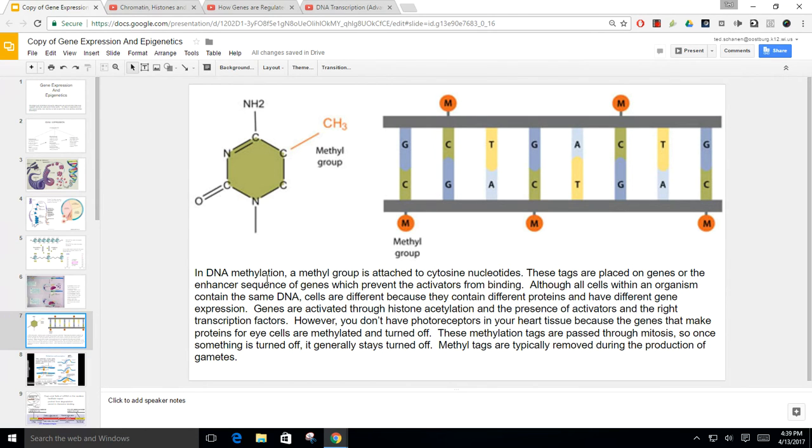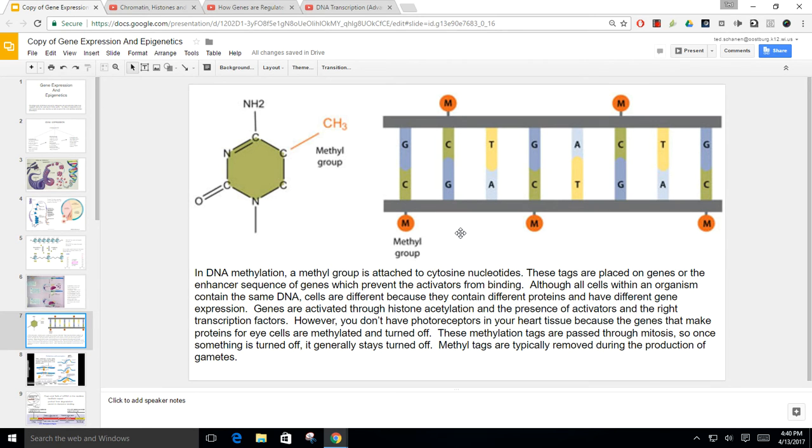And over time, through that differentiation, you can have these methyl groups bound to certain genes. So those genes get turned off. And this is, again, epigenetic. So it's beyond just what the code is. It's beyond the genome. It's more affecting the phenotype.